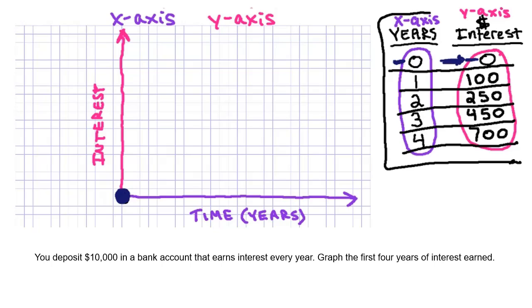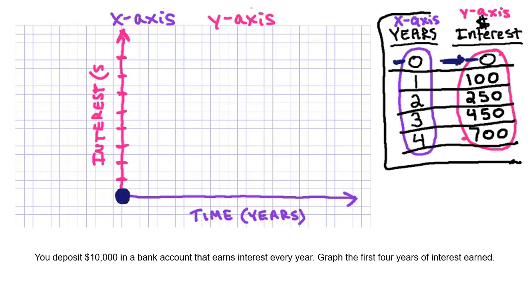And since we don't have enough squares here to make each individual square $1, because we have to go up to $700 in this problem, we're going to make each two squares $100. We're going to count by 100s. So we're going to make each of these increments $100. And when we label our y-axis, we're going to label that next to the interest.